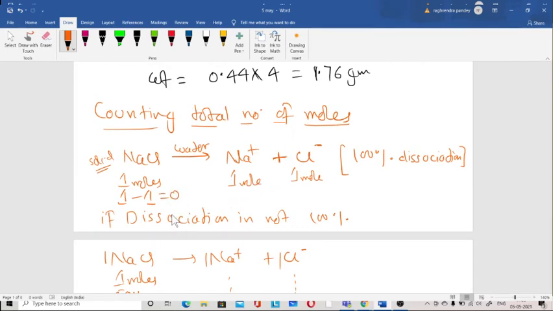The solid NaCl will become 0, and with 1 mole of Na ion and 1 mole of Cl ion, the total is 2 moles. It is simple, total moles is equal to 2.